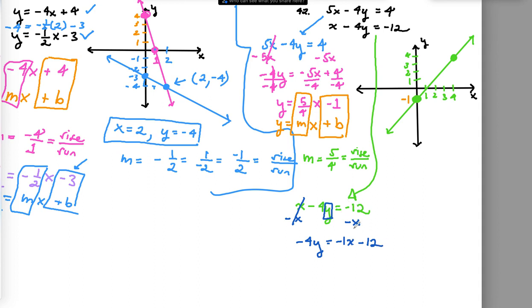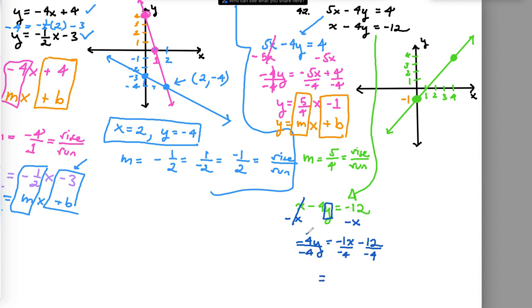Convince yourself negative x is the same thing as negative 1x. I want to get y by itself, so I still need to get rid of that negative 4. The operation between the y and the negative 4 is multiplication, so I unmultiply by dividing. Whatever I do to one side, I have to do to the other side, so I divide by negative 4 everywhere on the right-hand side.